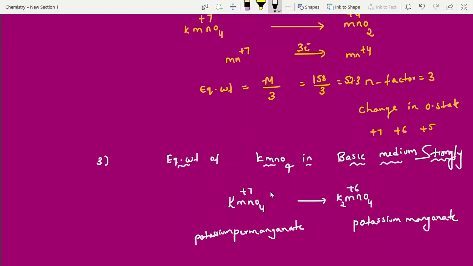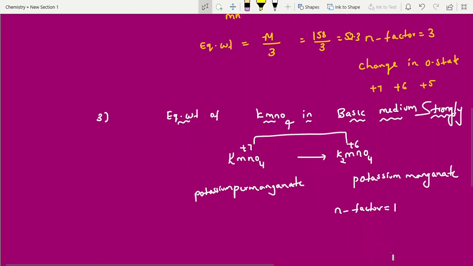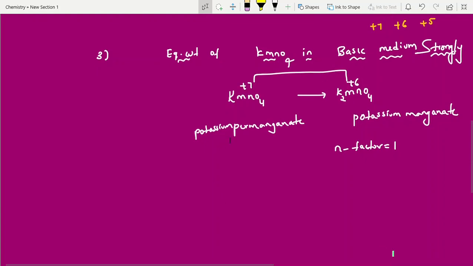That's all, students. Here N factor equal to 1. So what about equivalent weight? Equivalent weight equal to molecular weight, that is M by 1. What is M? 158 by 1, that is nothing but 158. Clear students? Like that we are going to calculate.